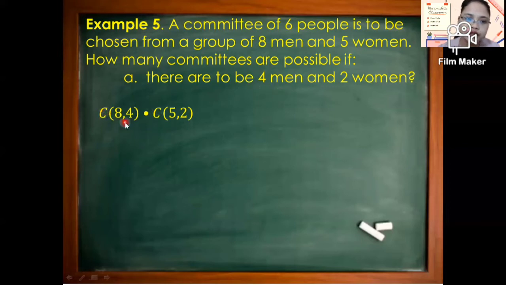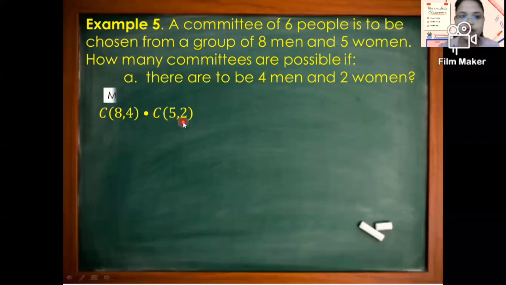Kaya yan, combination of 8 taken 4 at a time. Kasi i-multiply natin siya doon naman sa combination na pagkukuhaan natin for women. Ilang babae ba ang meron doon sa mga possible na pagpipilian to have a committee? Meron tayong 5 women. Ilan na lang yung kailangan? Kailangan daw ay 2. So, ang mangyayari, that is now combination of 5 taken 2.